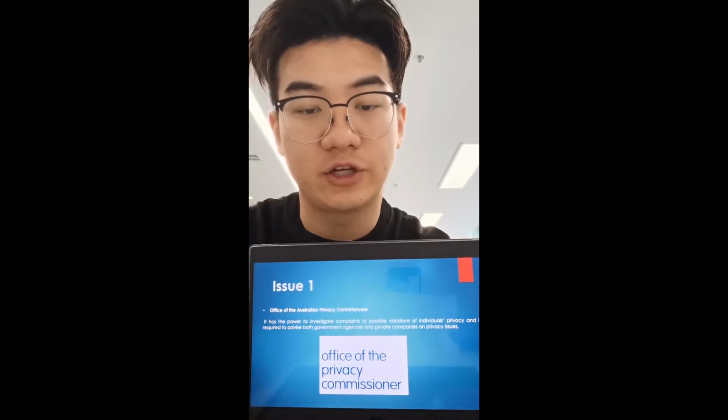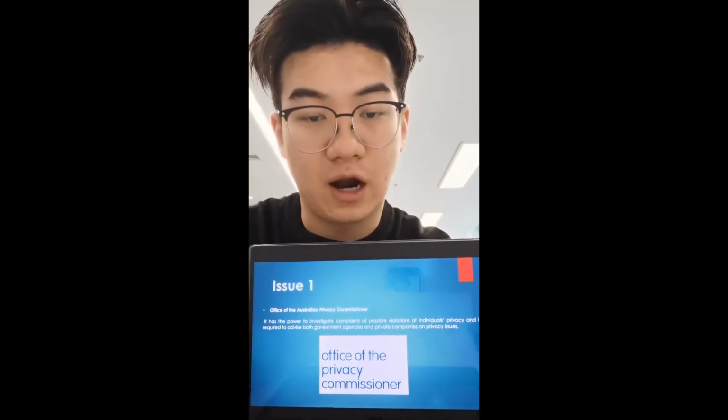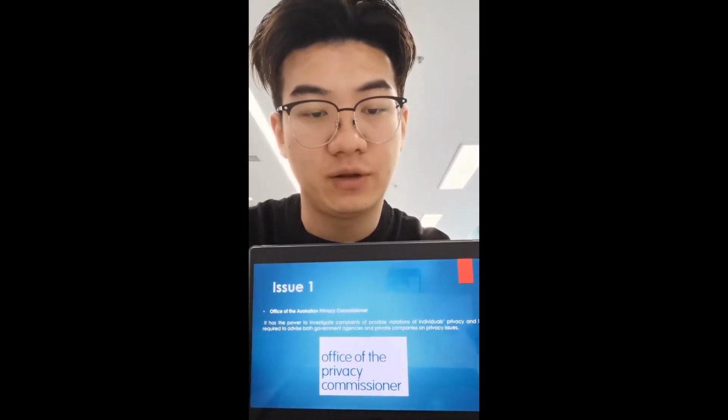The office also has the authority to monitor compliance with the privacy and credit reporting code for the protection of credit data.